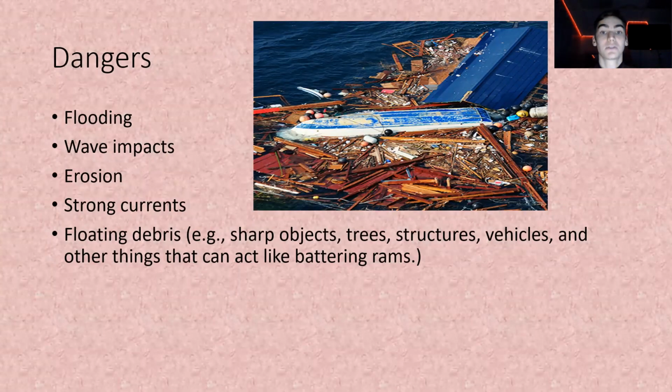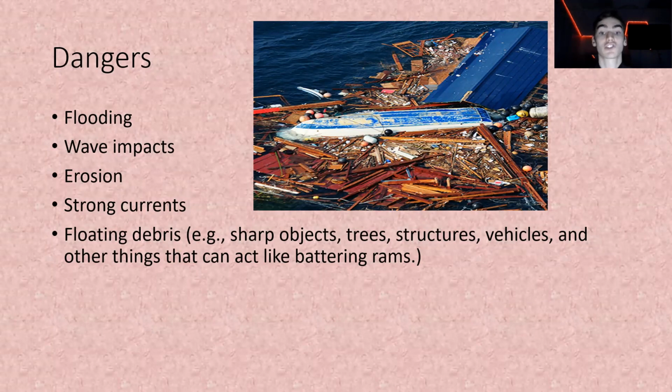Dangers that can be produced by these tsunamis are flooding, wave impacts, erosion, strong currents, and floating debris. Many people are killed by floating debris in tsunamis as they get caught in the current, and then they can be crushed by vehicles floating.